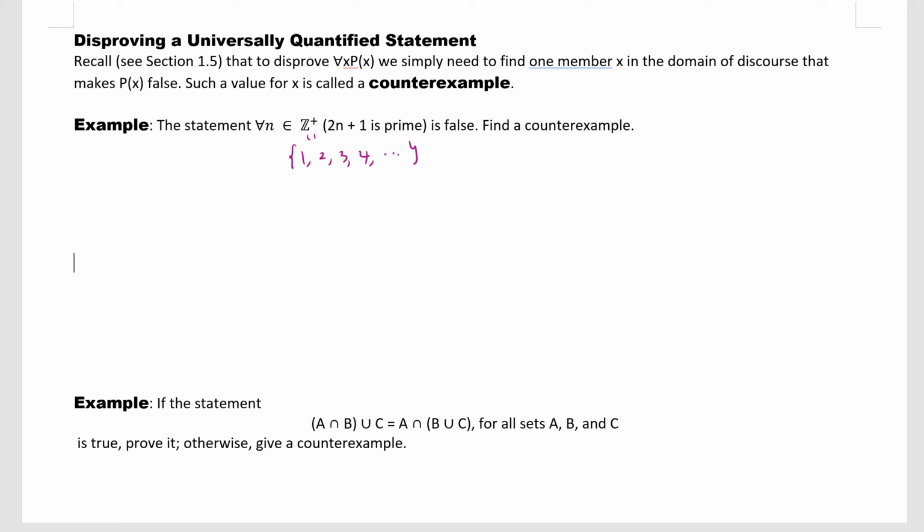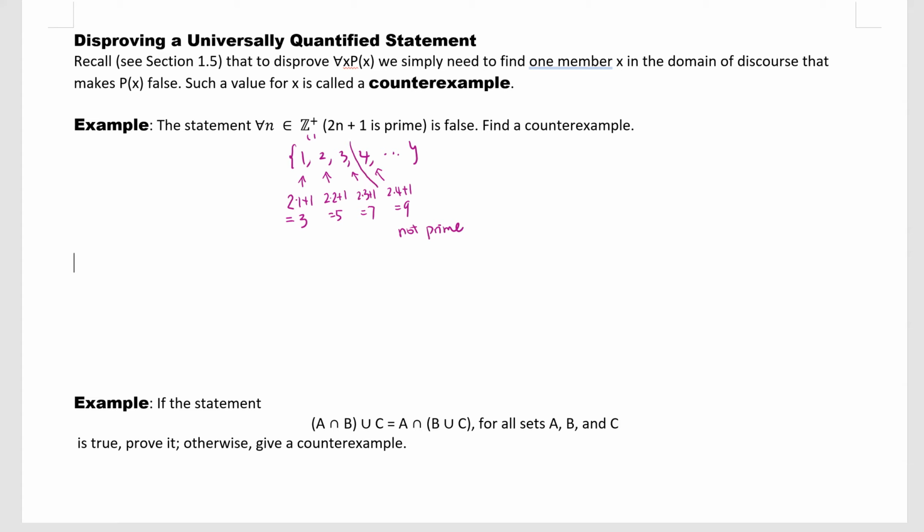So let's see here. 2 times 1 plus 1 gives us 3. 3 is prime, so no. 2 times 2 plus 1 gives us 5. 5 is prime, no. 2 times 3 plus 1 is 7. 7 is prime, no. 2 times 4 plus 1 is 9. 9 is not prime.